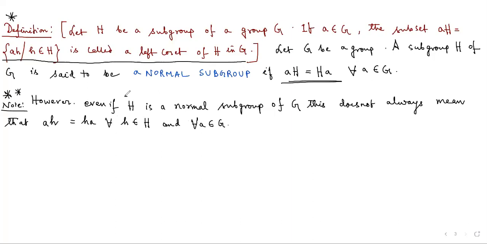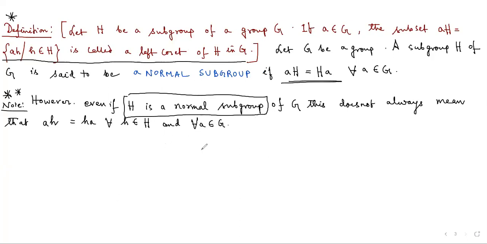But if the subgroup capital H is normal, that doesn't always mean that the elements of H and elements of G will commute with one another. Very confusing fact. Generally, definitions are always by implication, but here this definition is not. This is only one way true.